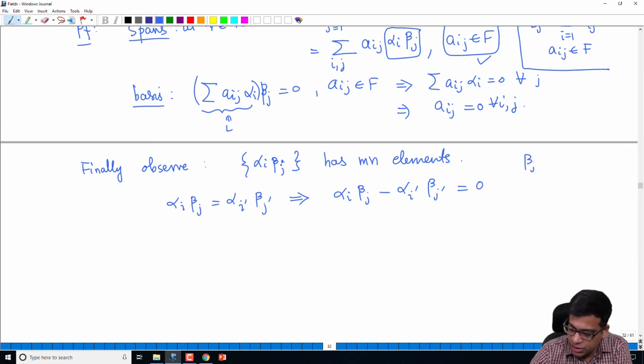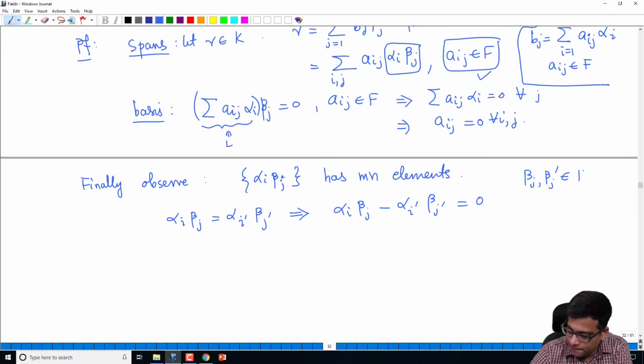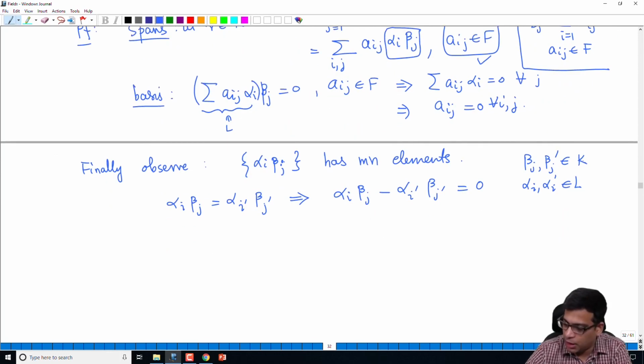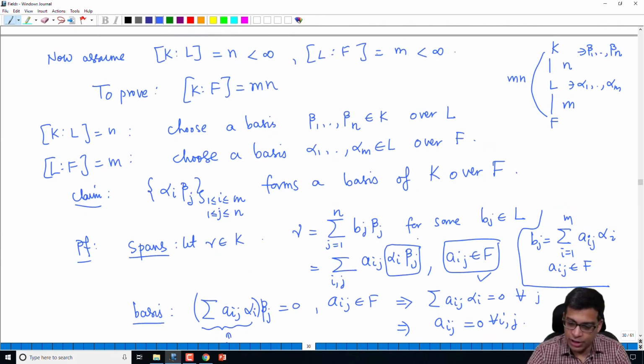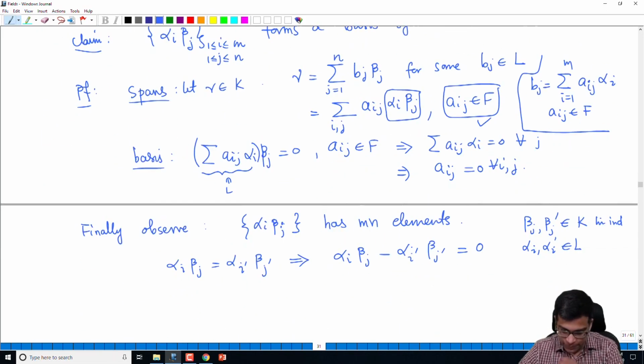Remember beta j and beta j' are in K, and alpha i and alpha i' are in L. Now remember that beta j and beta j' are linearly independent because they are part of a basis. So beta 1 through beta n are a basis over L, and here we are just taking two of them. They form a linearly independent set.